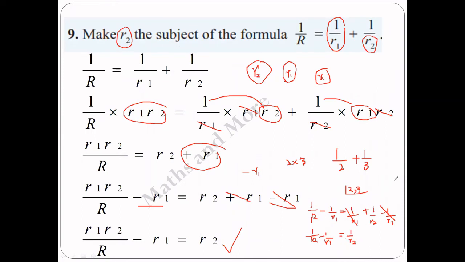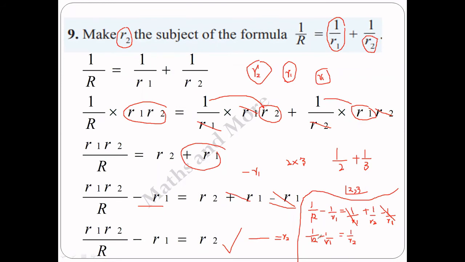So if you use this method, how do you get the answer? You can get the reciprocal of both sides. Then you can move R2 to the top. If you get the reciprocal of the right hand side, it will be R2 over 1. R2 over 1 means R2. Then R2 is the subject. If you get the reciprocal of this side, you have to get the reciprocal of the other side also.